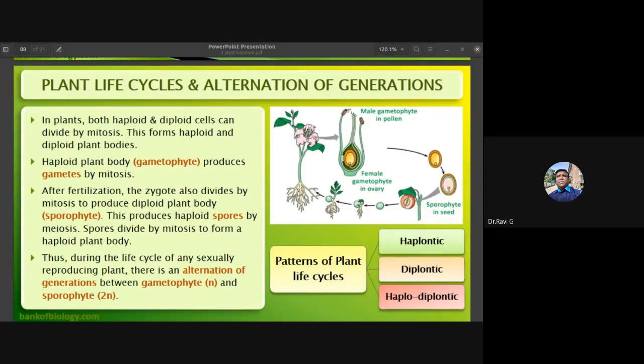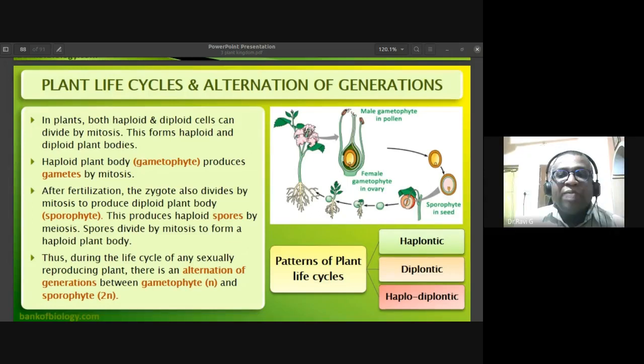What you notice here is that in plants, both haploid and diploid cells can divide by mitosis. They form haploid and diploid plant bodies. The haploid plant body, the gametophyte, produces gametes by mitosis.